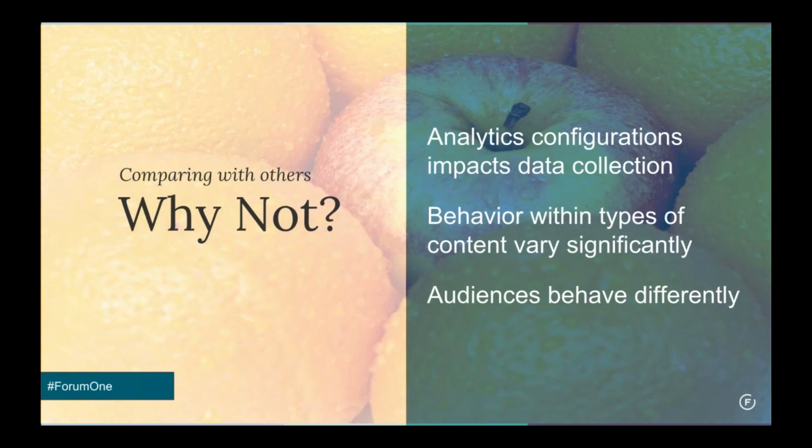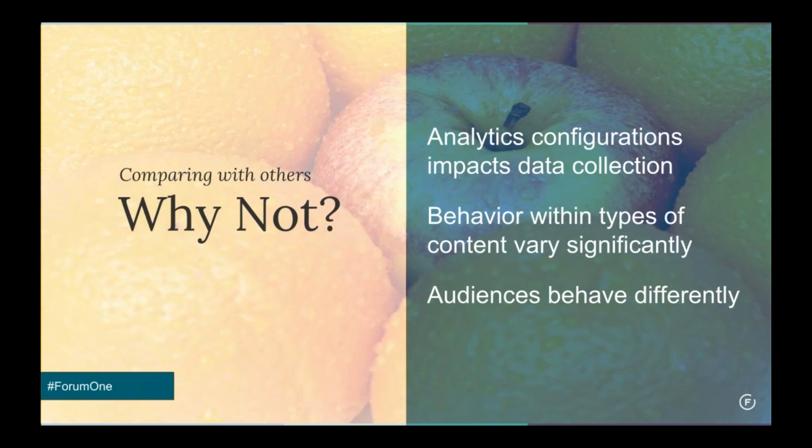The last piece is that audiences behave differently. If you're talking to researchers or people who are looking for in-depth resources, their session on your website is going to be very different from a casual user, or somebody who's looking for a very specific detail and running off, or somebody who's looking to donate to your cause or take an activist step.